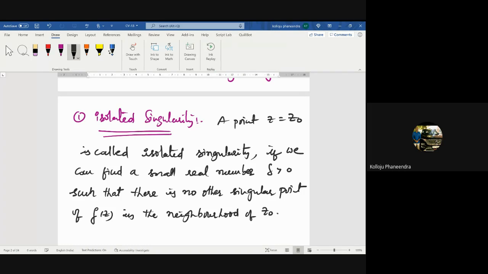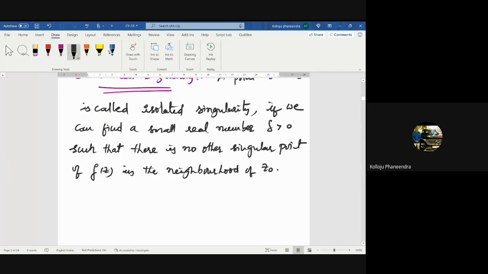What is the meaning of this? For example, this is z naught.